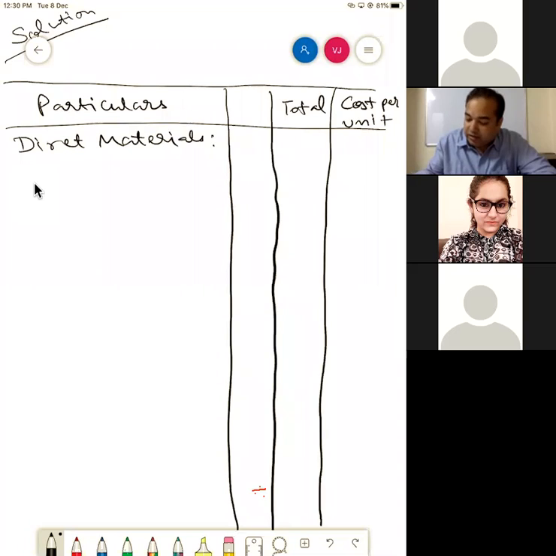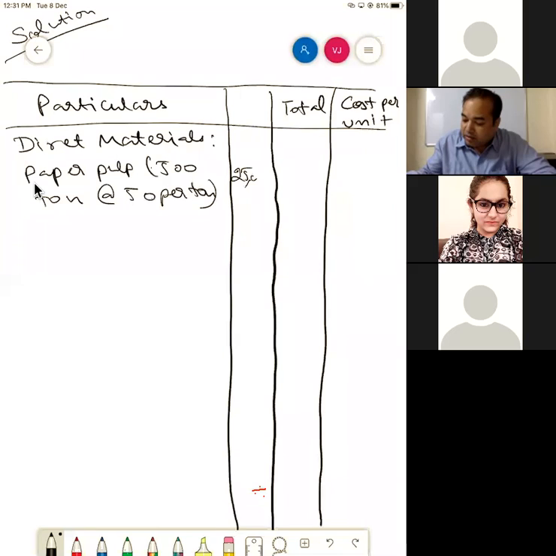direct materials. In this, it is given in question, paper pulp 500 ton at the rate of rupees 50 per ton. So total amount is 25,000. Then is your other material, that is 100 tons at rupees 30 per ton.